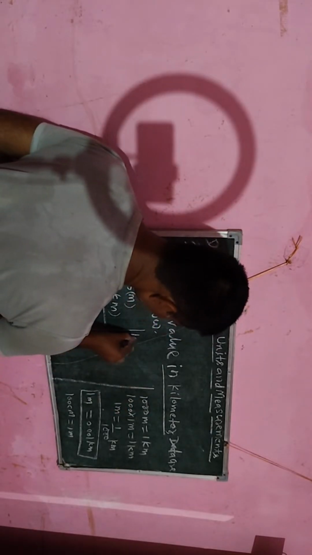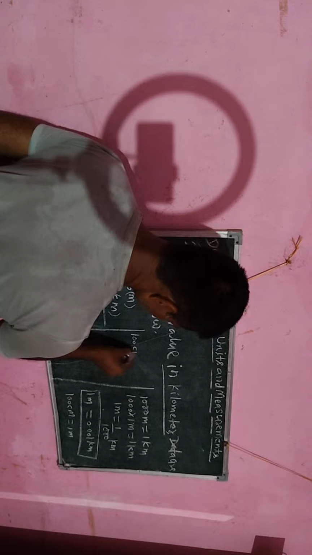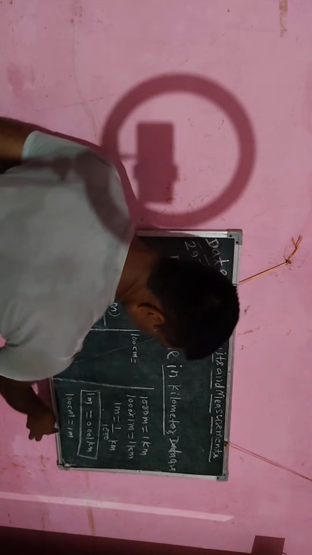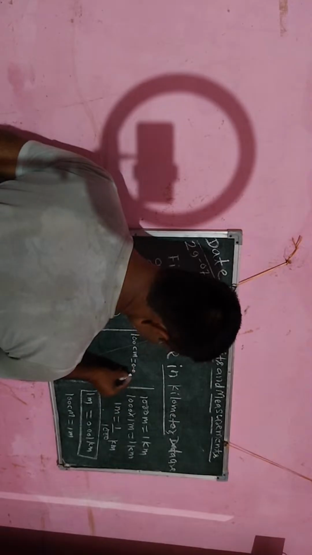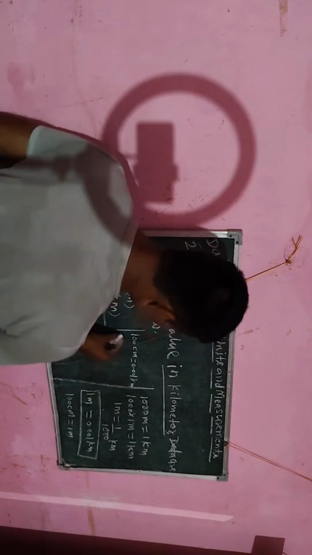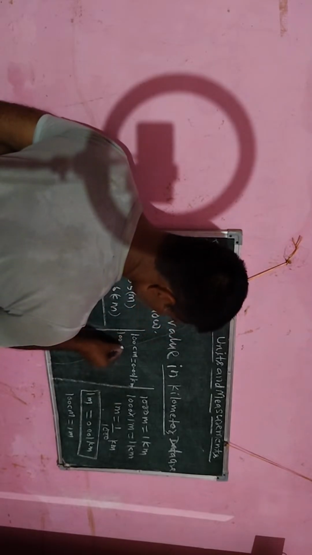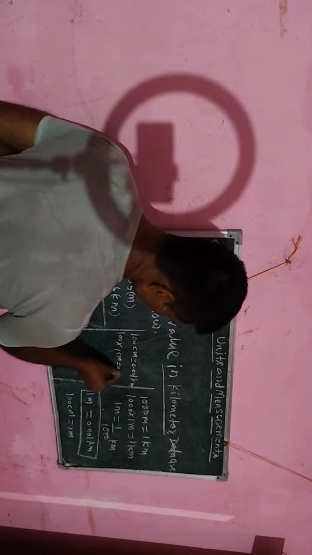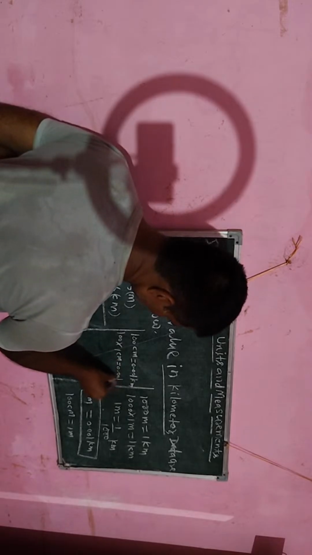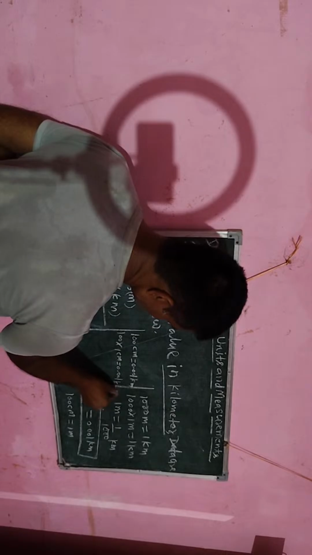So 100 into 1 centimeter is equal to 0.001 kilometer.